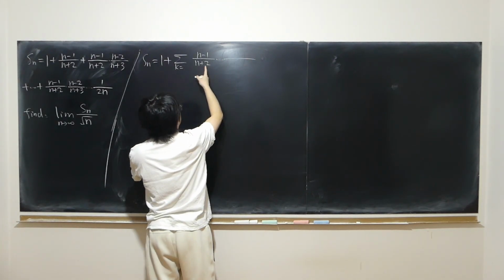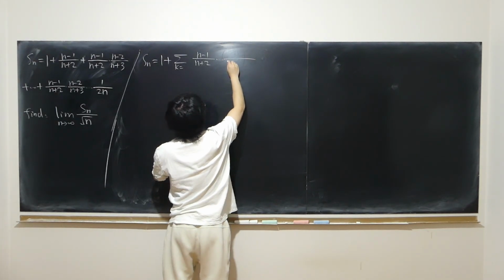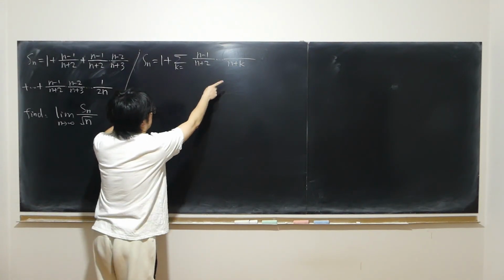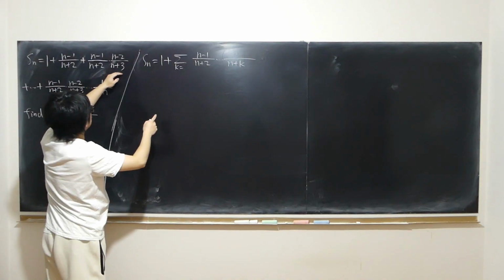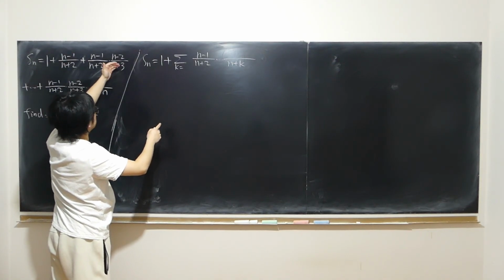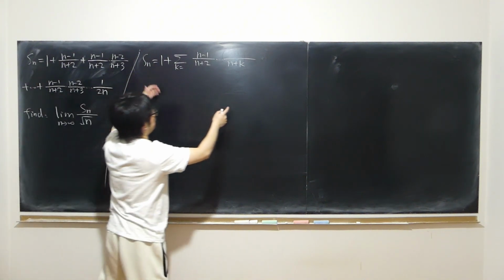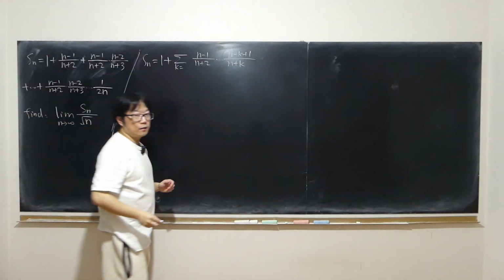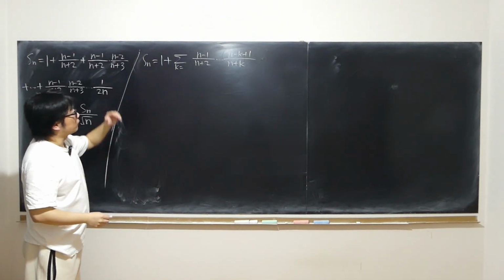The bottom keeps increasing until n plus k. If k was 3, up to n plus 3, then minus 2 would equal minus 3 plus 1. I can say minus k plus 1. And the pattern is easily verifiable.